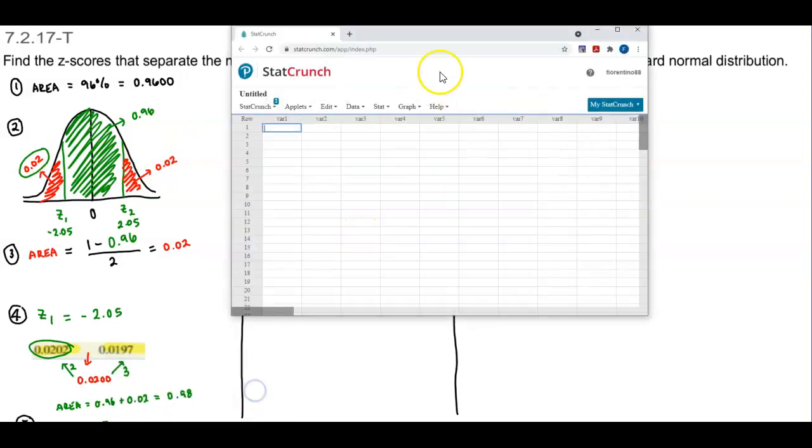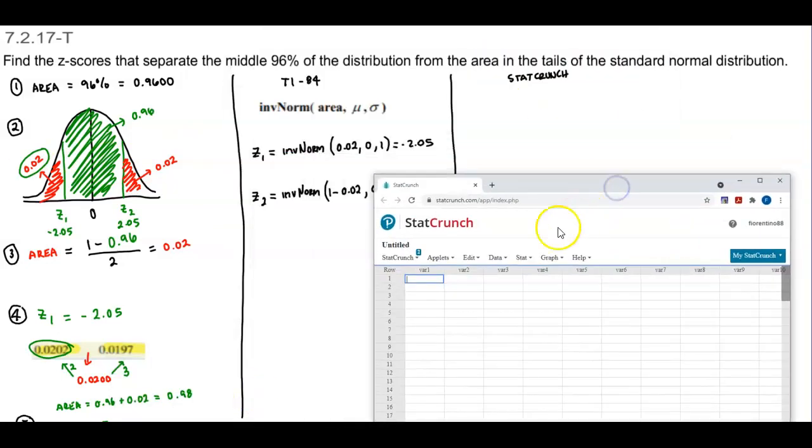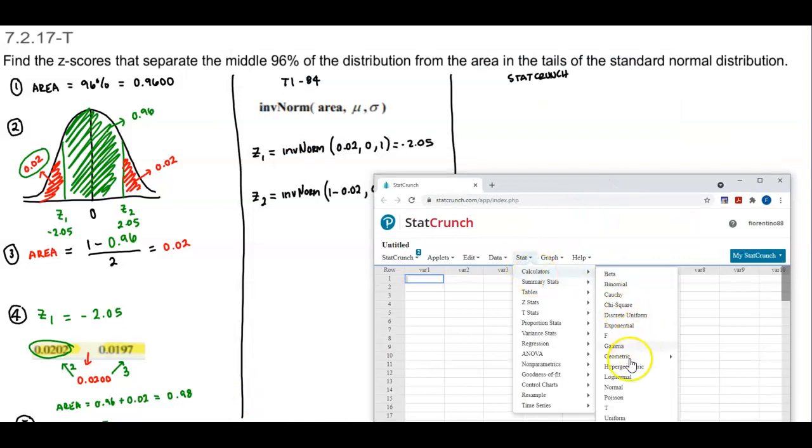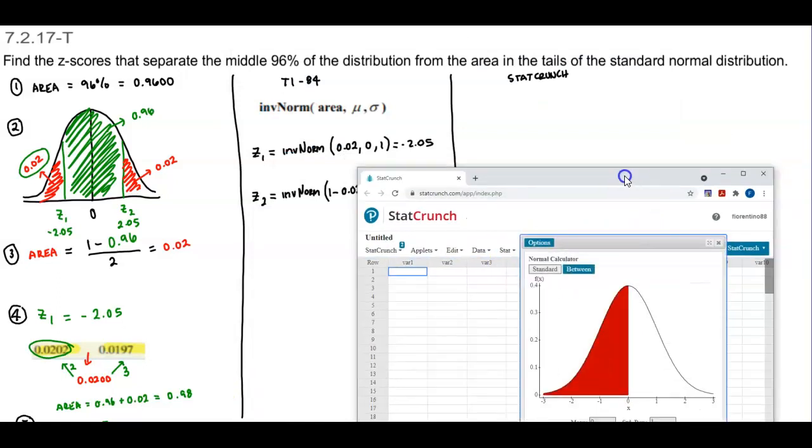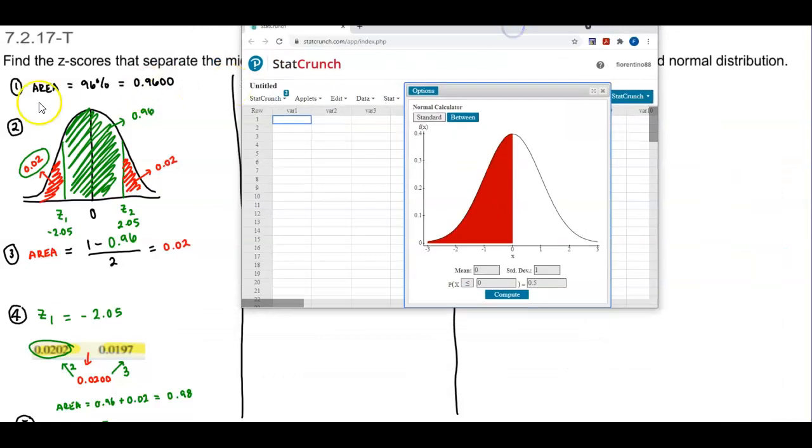so let's use StatCrunch. If we want to use StatCrunch, then we're going to do the following: Stat, Calculators, and then Normal Distribution. Again, we need to go through steps 1, 2, 3 to figure out what are the areas that we need to use. So we know that our mean is 0, our standard deviation is 1. We want to find the area to the left of this because we want to find the z-score here.